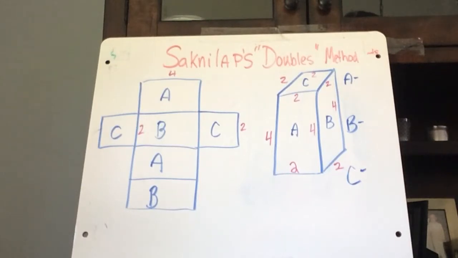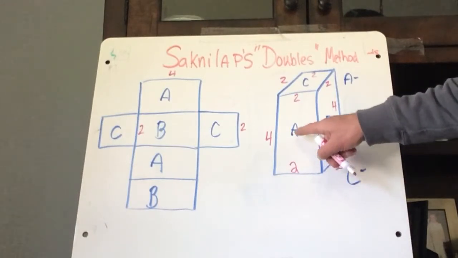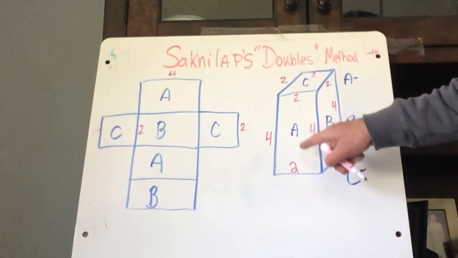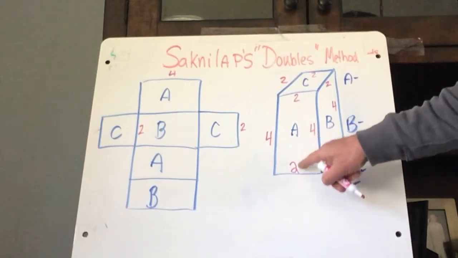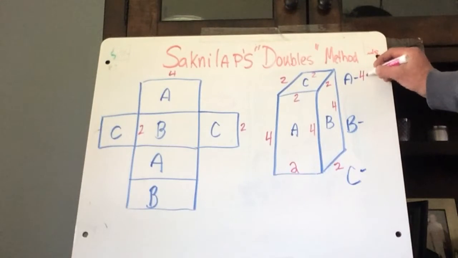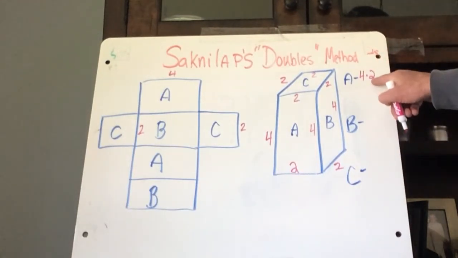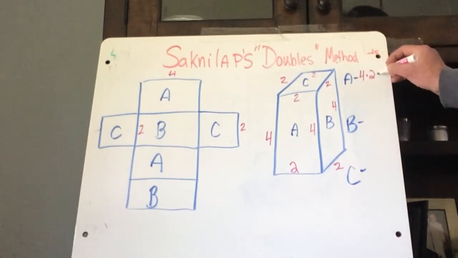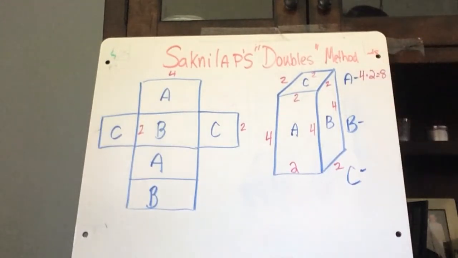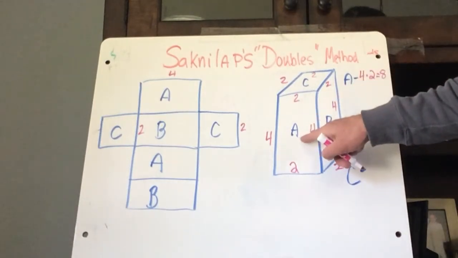So this is where Saknilap's doubles method comes in. Let's look at A first. A dimensions are 4 and 2. So 4 times 2. Now that 2 is not the doubles part. I'm going to show you what the doubles is. We know that 4 times 2 is 8, but I know there's 2 of them.